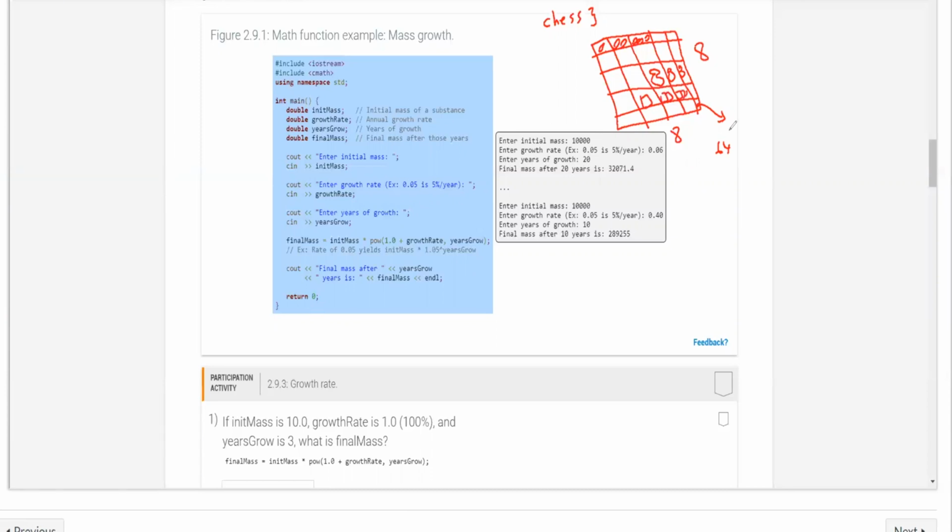It will grow rapidly. This is 2 to the power 64, right? That is a big number actually. This number of grains is so huge that you cannot even imagine it.